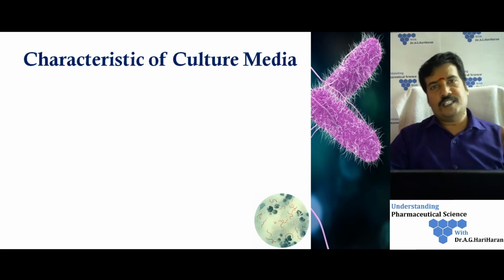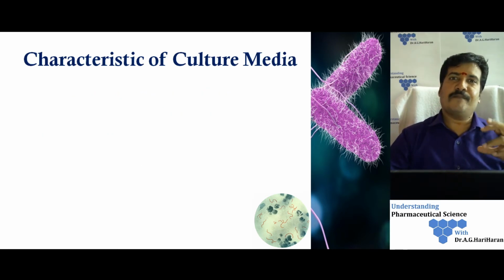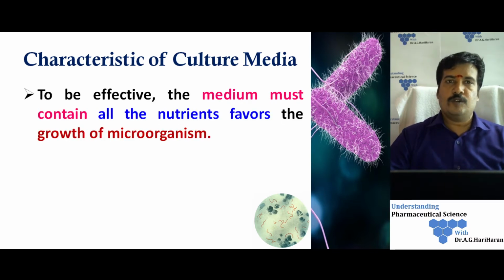So for doing this, first we have to understand what are the basic characteristics a culture medium should have. An effective culture medium must contain all the nutrients necessary for the growth of the microorganism. That means the microbial culture media should carry all the necessary nutrients needed for the growth of the organism.